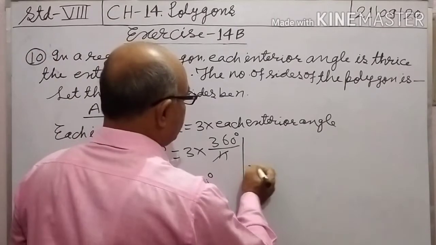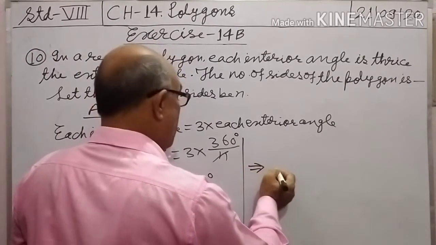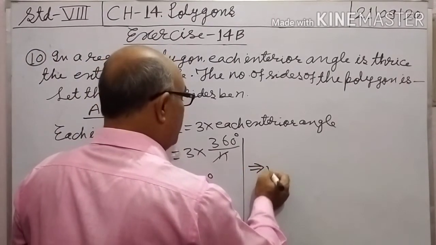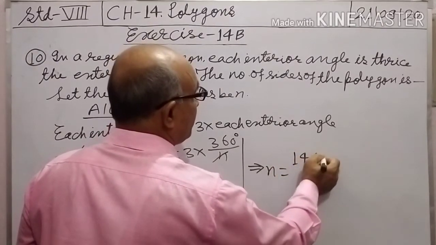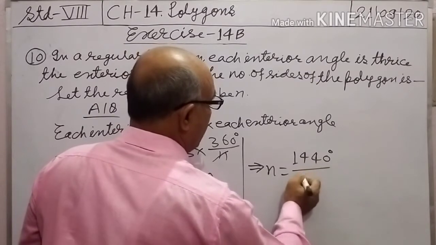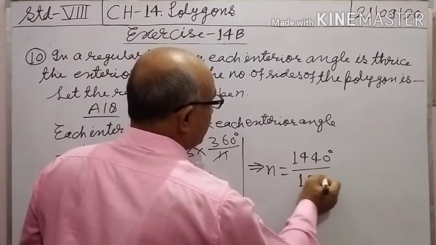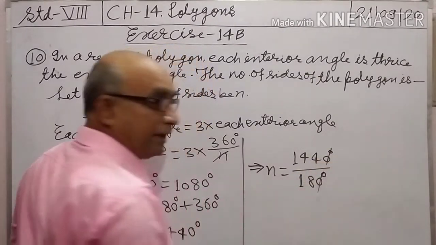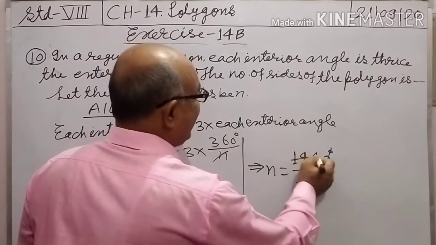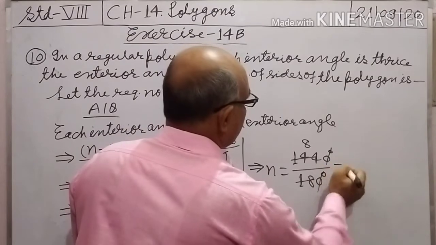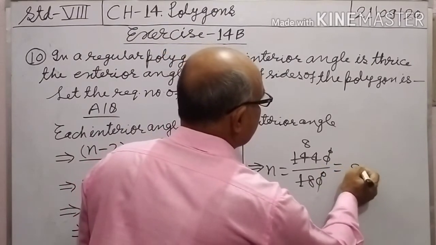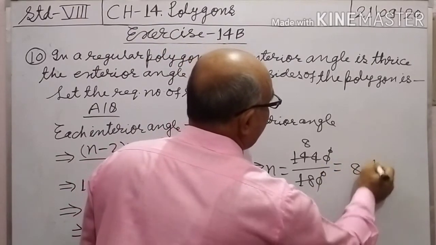Now that implies n equal to 1440 degree by 180 degree. 0 to 0 cancel. 18 times 8 is 144. So n equal to 8. Number of sides be 8, answer.